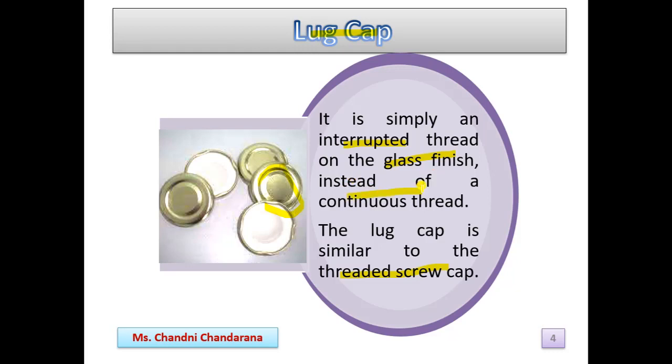So unlike the threaded closure, it requires only a quarter turn. It is used for both normal atmospheric pressure and vacuum pressure closing. This is the difference between the lug cap and the threaded screw cap.